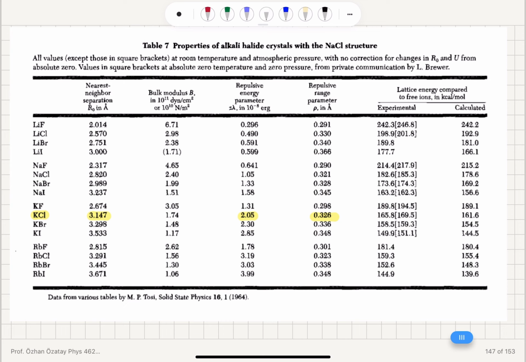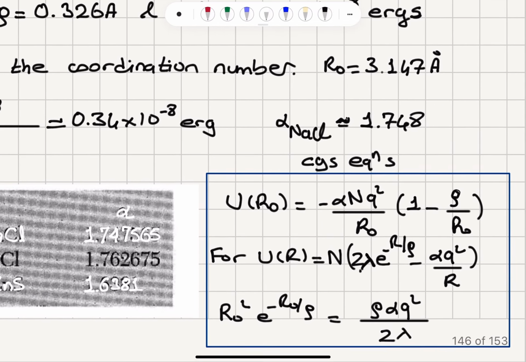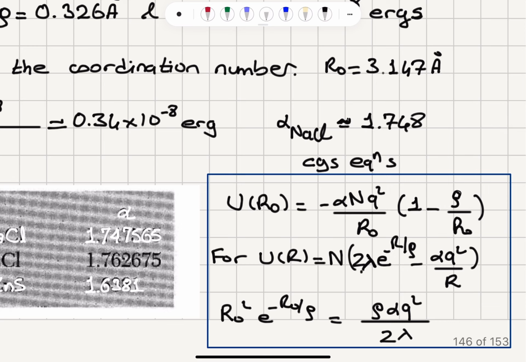Rho is the repulsive range parameter and lambda is the repulsive energy parameter divided by the number of nearest neighbors. So these equations are obtained by basically setting the derivative of u of r with respect to r equal to 0 at the equilibrium separation, finding this relation and substituting it for r0 square e to the minus r0 over rho. With this expression, we obtain this Madelung energy plus the repulsive term.